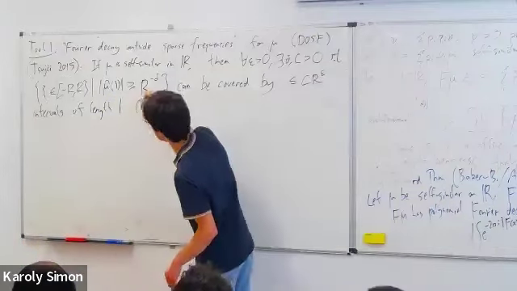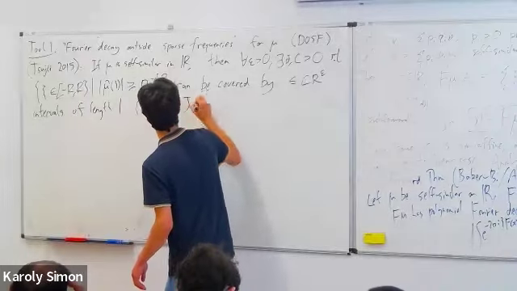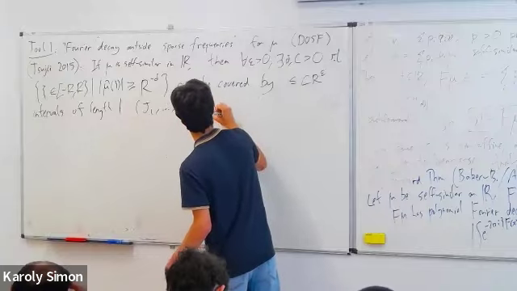And let's call these intervals J1 up to J of floor of C times R to the epsilon.